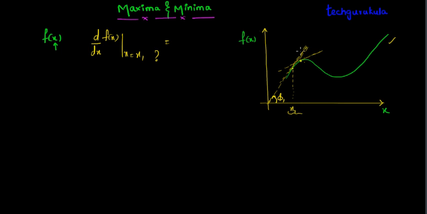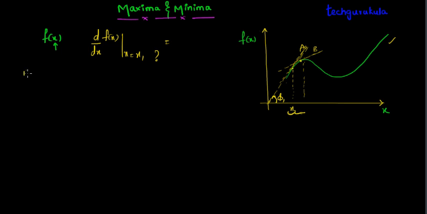Say this is line A, this is line B. The slope of line B is still positive, but it has reduced. So in this section over which x is changing, where f of x is increasing, the slope of the tangential line is positive, which means the differentiation of that function over this region is positive.